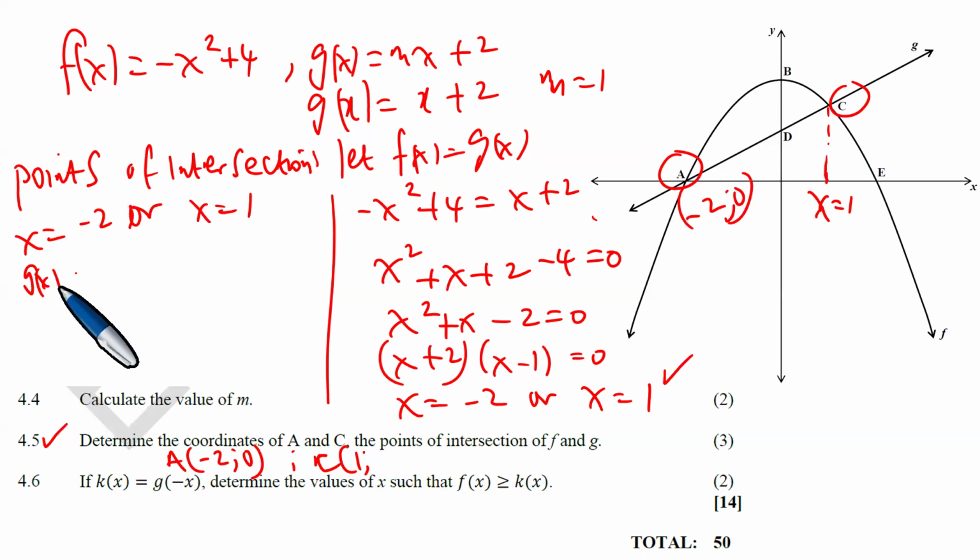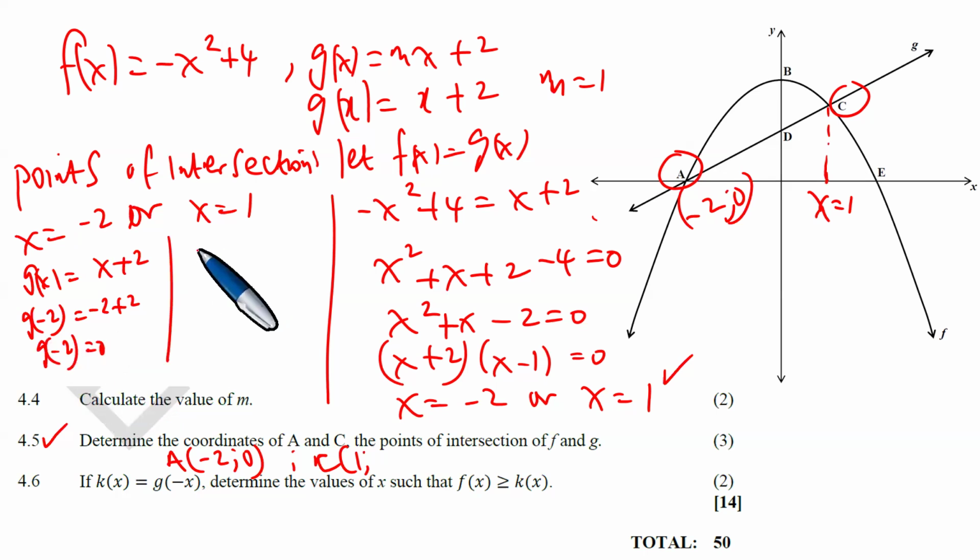Use one of the equations, like g of x, which is x plus 2. So when x is minus 2, you'd have g of minus 2, which is minus 2 plus 2, which is 0.